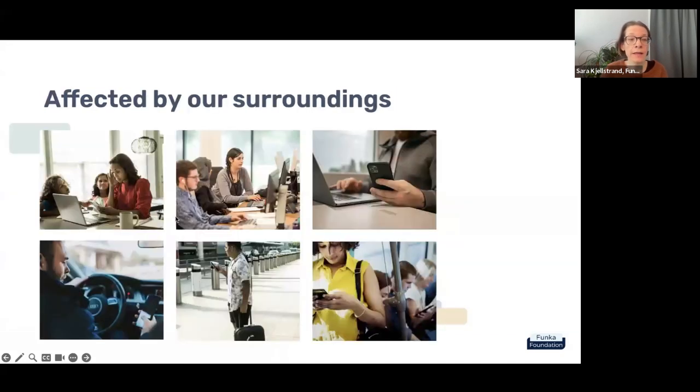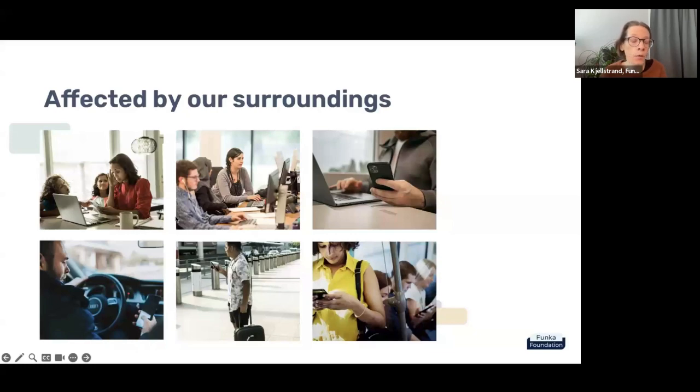And if we look at the next slide, what's important to remember when we talk about digital serenity and digital concentration is that we are no longer sitting with our personal computer at home and just concentrating on the screen or the interface we have in front of us.